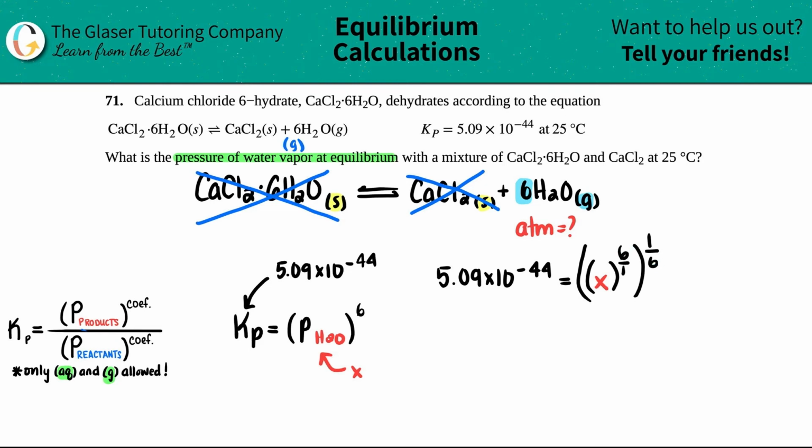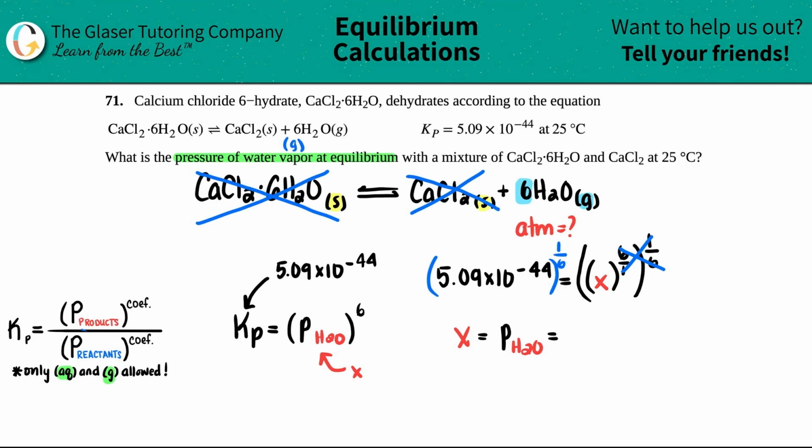If you're multiplying two fractions, remember, if the numerator and the denominator are the same, they cancel, and then the 1's cancel. But you got to be fair. If you're raising this to the 1/6, you have to raise this to the 1/6. And that's the same thing as a 6th root, raising it to the 1/6. So now this all cancels, and now I just have x equals, and remember, x, just like we said, was the pressure of H2O, and that's what they wanted, the pressure of that water vapor. So the pressure of H2O, and now let's figure out what that number is.